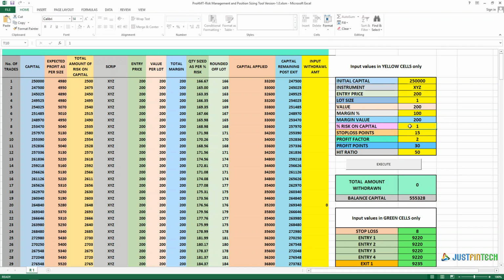And if you want to take a risk on capital of 1%, and you want to keep a stop loss of 10 points on that, and you are expecting a 20-point profit, then 250 shares you can trade, because here you are not trading regularly, you want to invest.